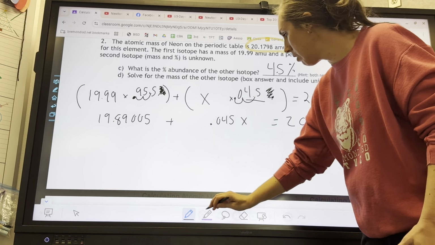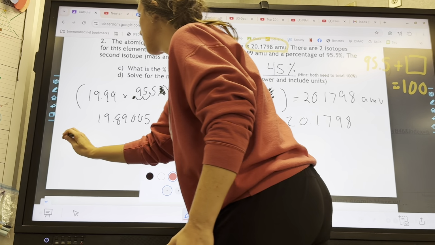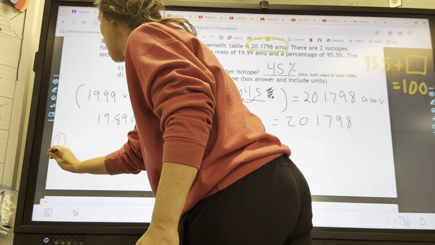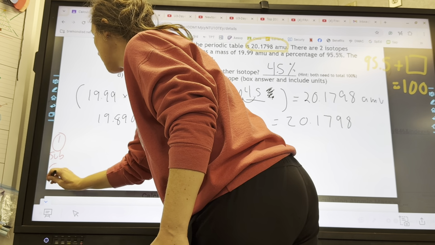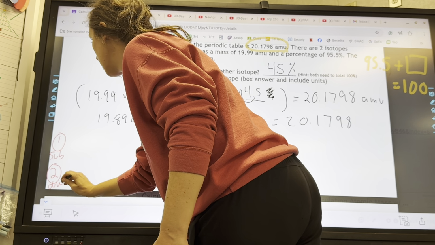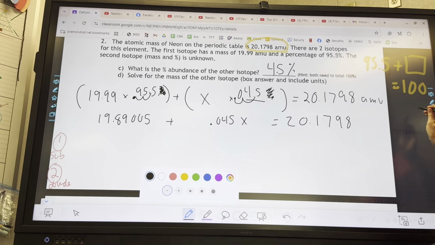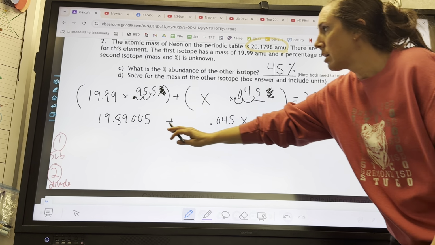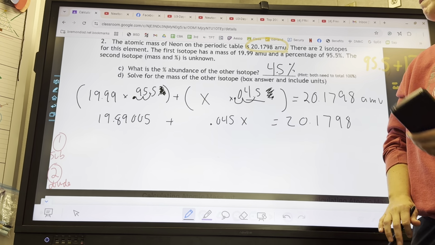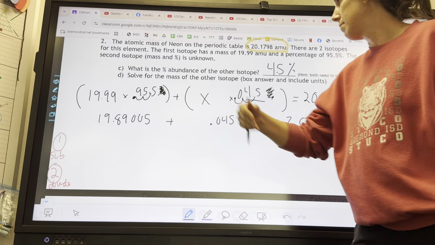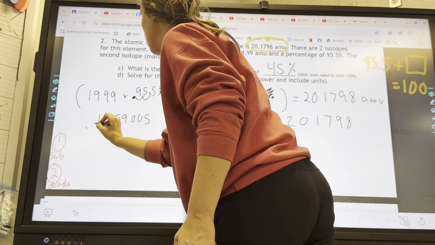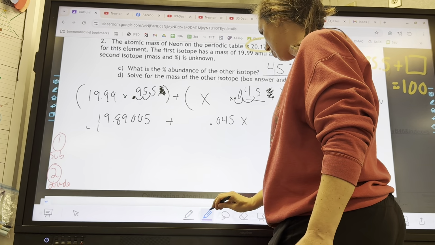Okay, over here in red, first thing I'm gonna have to do is subtract. Second thing I'm gonna have to do is divide. It's the same for all of them. Okay, so what am I gonna subtract? 19.89005 from both sides. I'm trying to get x alone.